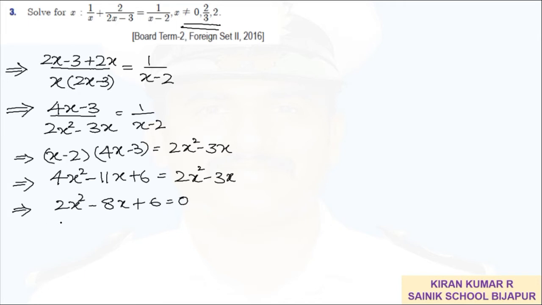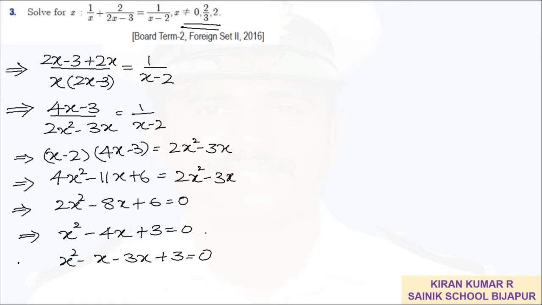We can divide throughout the equation by 2. Therefore, the equation becomes x square minus 4x plus 3 equal to 0. Now it is splitting the middle term. The product, you must get it as positive 3 and the sum you have to get it as negative 4. So the possibility is we'll take minus x and minus 3 so that the product becomes positive 3 and the sum becomes negative 4.